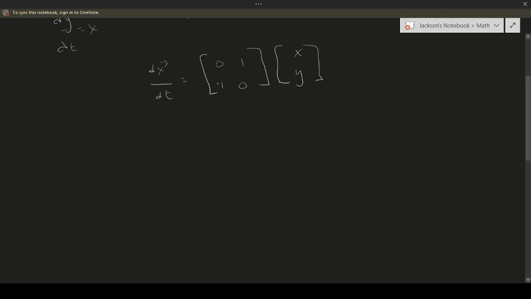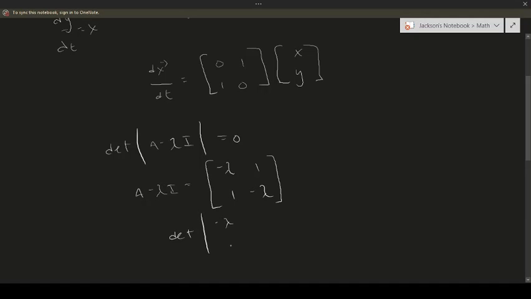So how do we solve? Well, we need to find the eigenvalues of the coefficient matrix, and I'm sure all of you remember how to do that. That's just setting the determinant of A minus lambda I equal to 0. We know A minus lambda I here is going to be negative lambda, 1, 1, negative lambda, and the determinant of that is equal to 0.